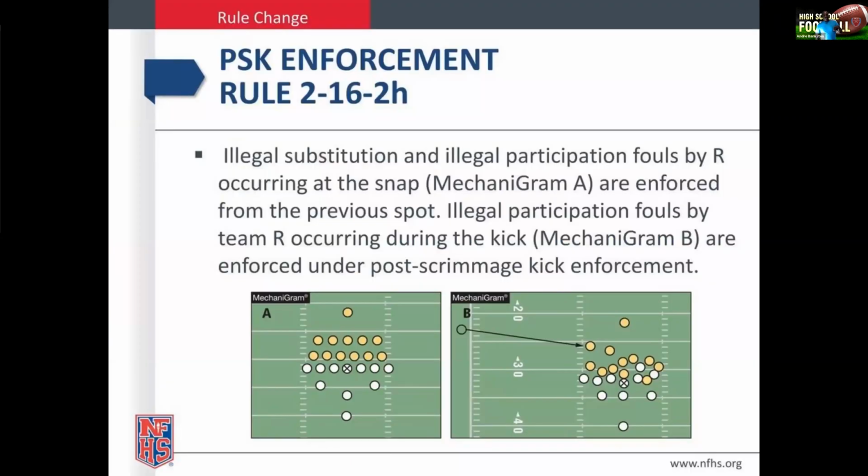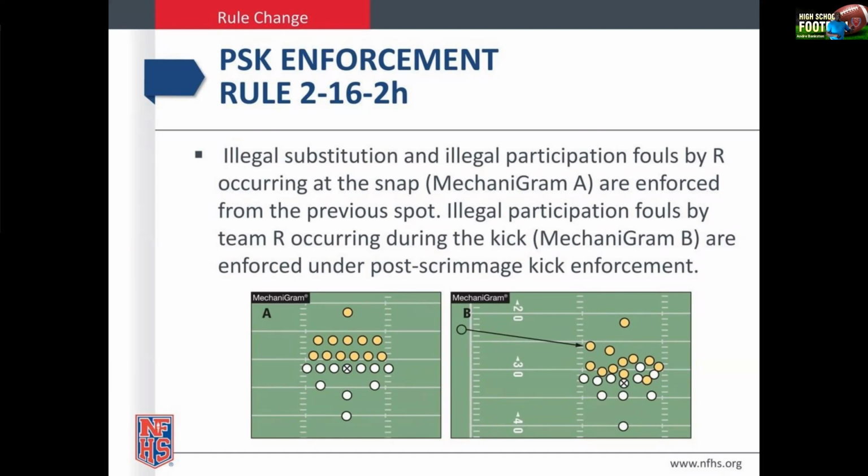Now, this one right here I didn't include, but it's a PSK other than a legal substitution, legal participation. So in other words, in A, they got 12 on the field, and then the ball is snapped. That's a foul simultaneously with the snap. That's a previous spot that's not considered PSK enforcement.